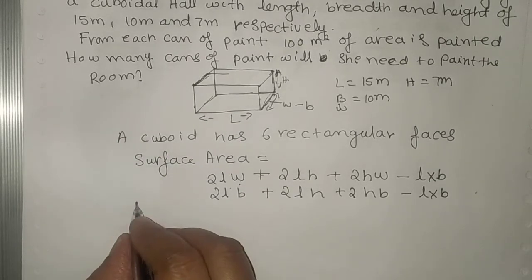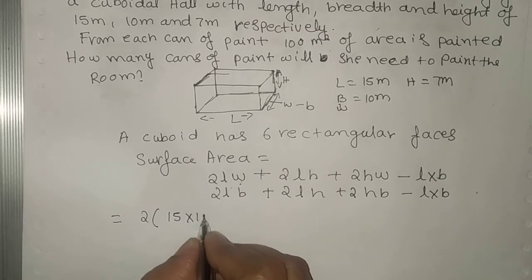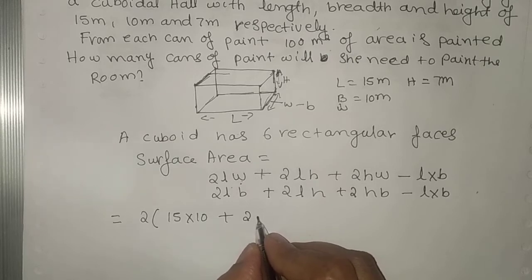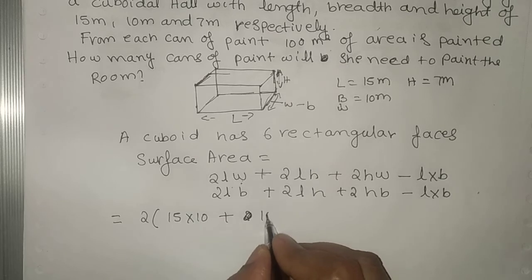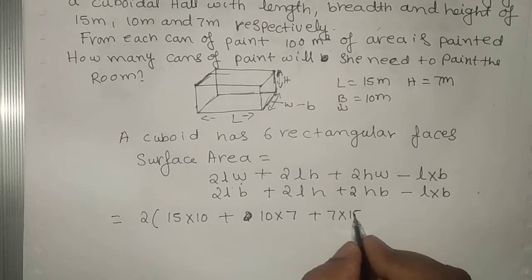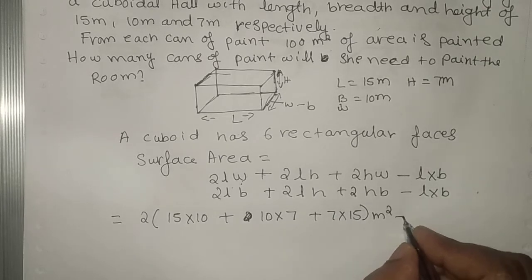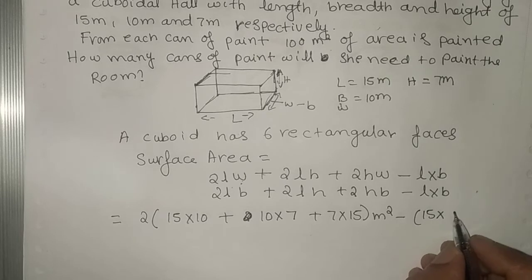We'll substitute all the values: 2 into 15 into 10 plus 10 into 7 plus 7 into 15, in m square, minus length into breadth, which is 150 m square.